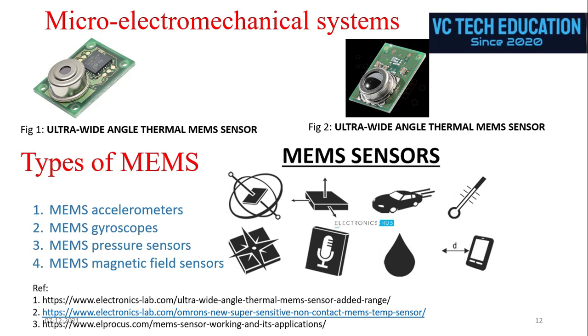The different types of MEMS generally are MEMS accelerometers, MEMS gyroscopes, MEMS pressure sensors, MEMS magnetic field sensors. So these micro-electromechanical devices are different devices which are a part of the Internet of Things.